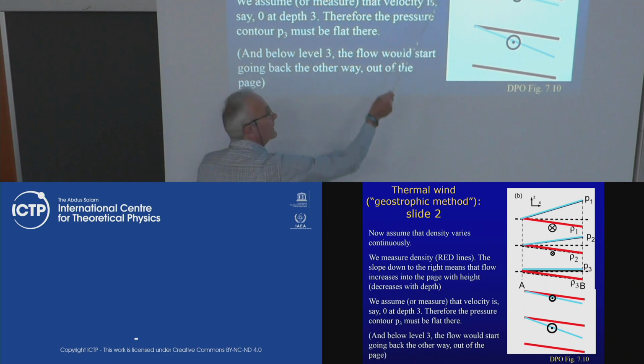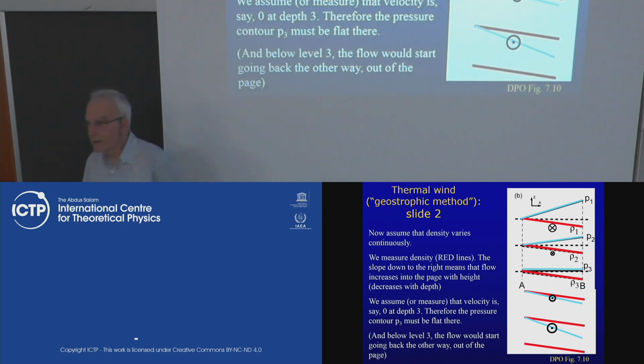So you can see that although looking at the sea surface we have the geostrophic flow, which is of a certain direction and certain magnitude, due to the horizontal distribution of water masses within the water column we can have the opposite flow in the deeper layers.